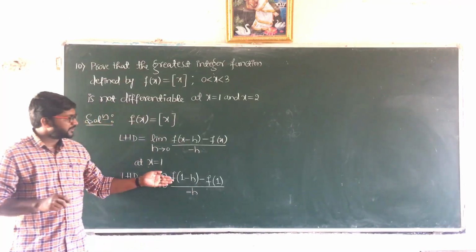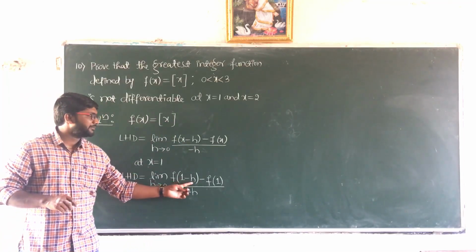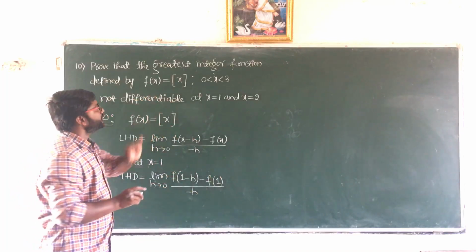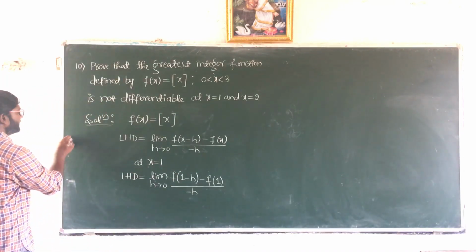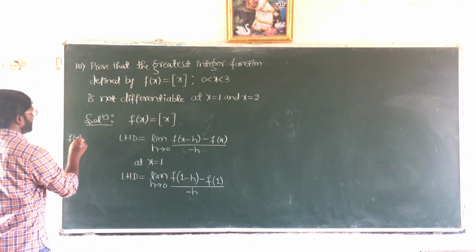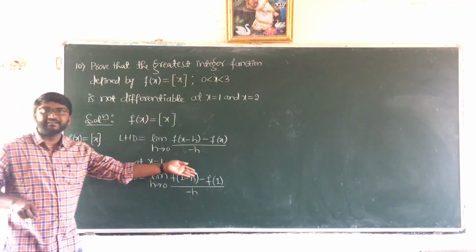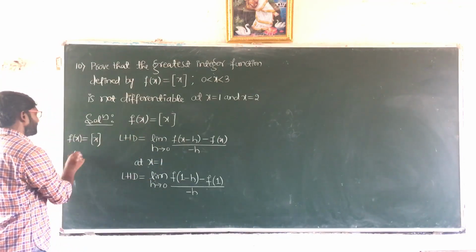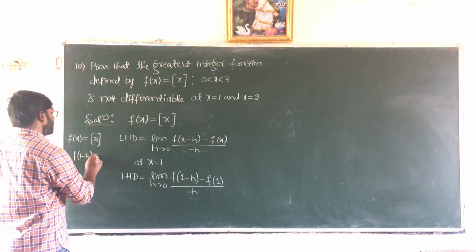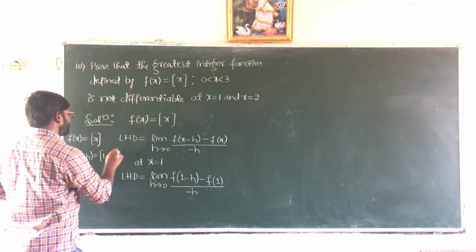Now we have to substitute the values of f of 1 minus h and f of 1. So I will consider f of x here. See here, f of x is equal to greatest integer x. Now we need f of 1 minus h. So f of 1 minus h is equal to greatest integer 1 minus h.